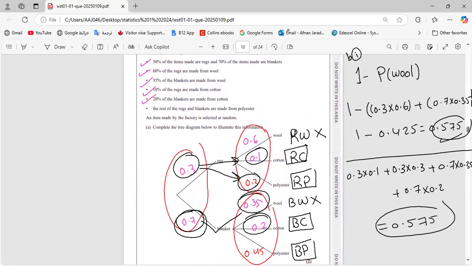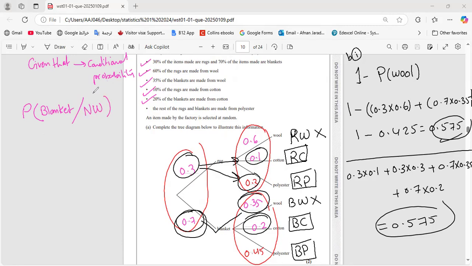So again, given that, the meaning of given that is conditional probability. So what is the probability that it is a blanket, given that it is not wool?